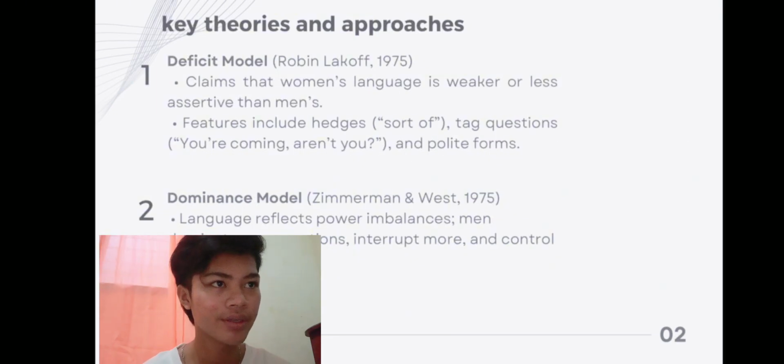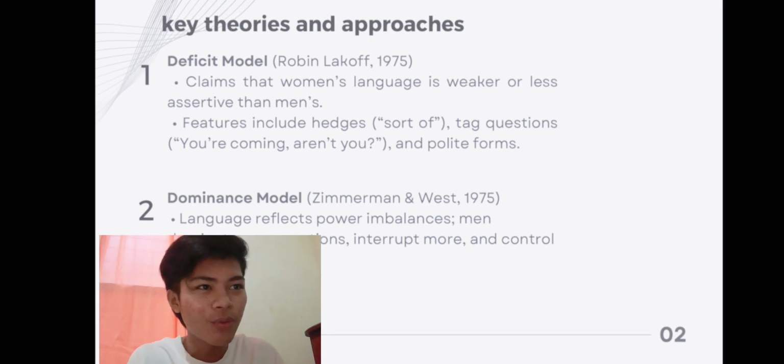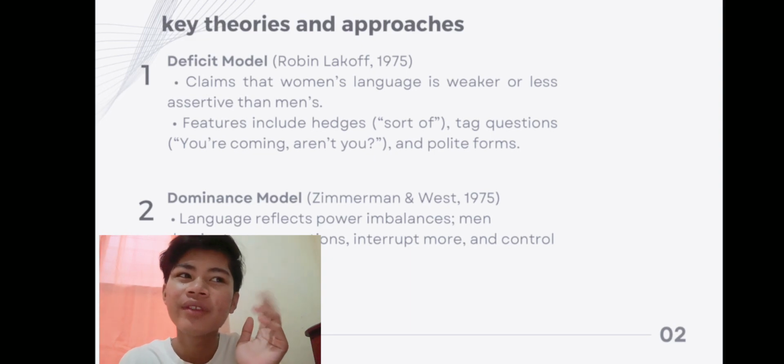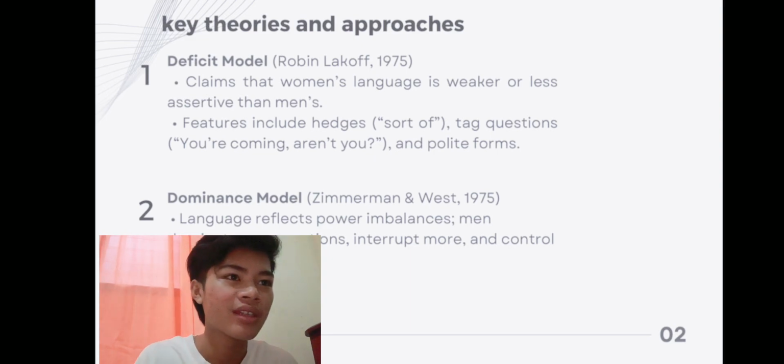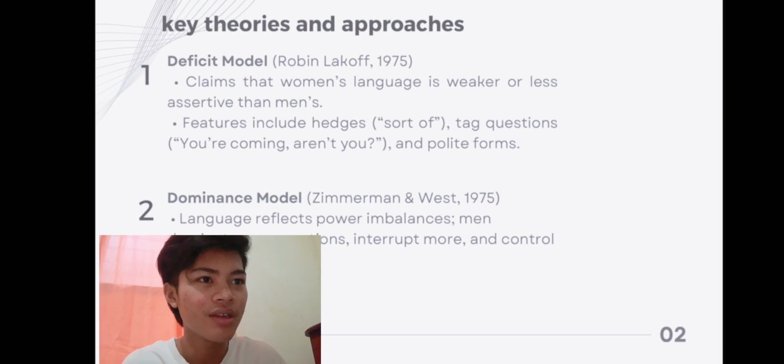Key theories and approaches. Number one, deficit model. This theory says that women's language is seen as weaker, using softer expressions like sort of, tag questions like right, and more polite forms. It shows how women were trained to speak less directly.